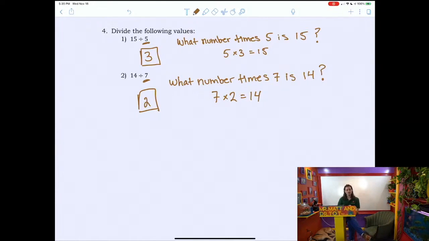If you have any questions, then please let me know. Otherwise, let's take a look at the next two problems. Now with these, we have a 3-digit number divided by a 1-digit number.